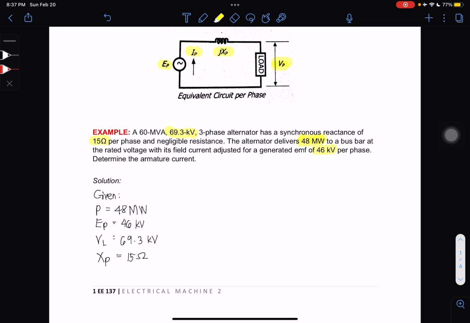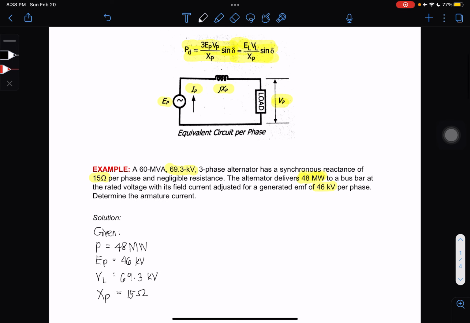So, first, we need to write our formula. So, we have P, power developed, is equal to 3 EP VP over XP. But, ang gihatag sa problem is naka VL. So, therefore, we need to solve for our VP.